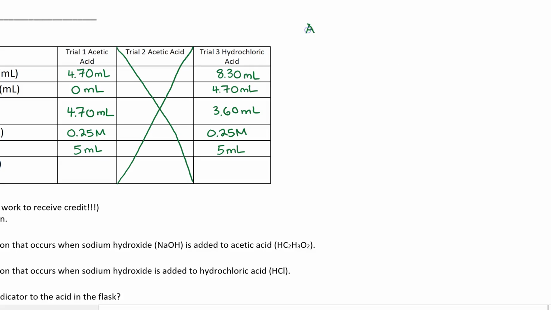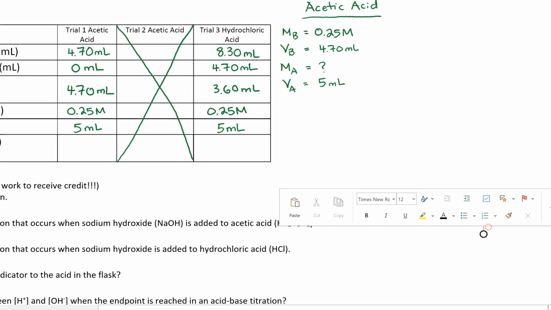So my Mb, Vb, Ma, Va. My Ma is what we're looking for. Va, we start off with 5 milliliters. And so now I write out my equation, y'all.